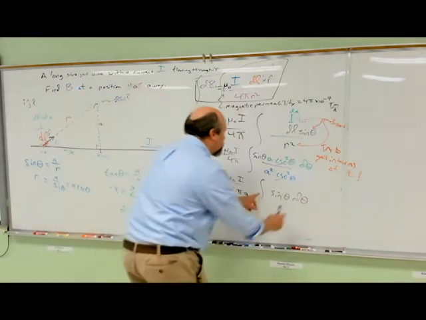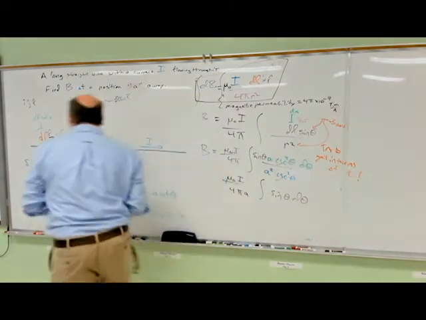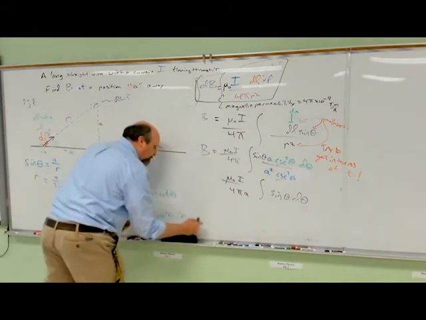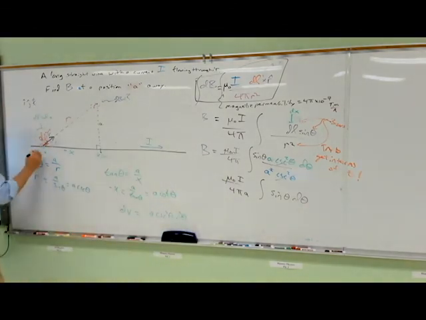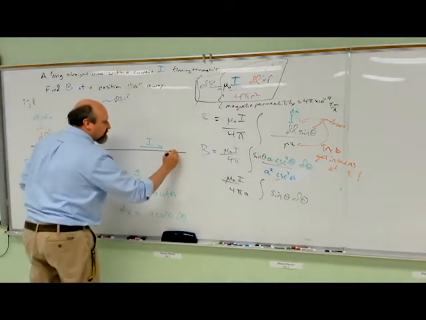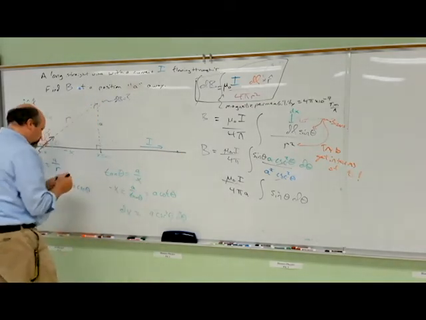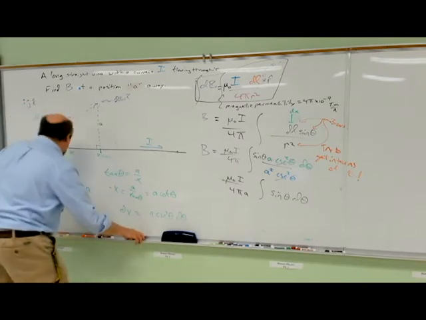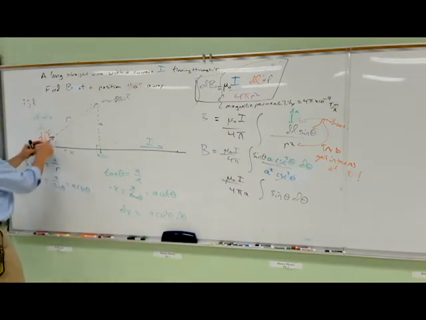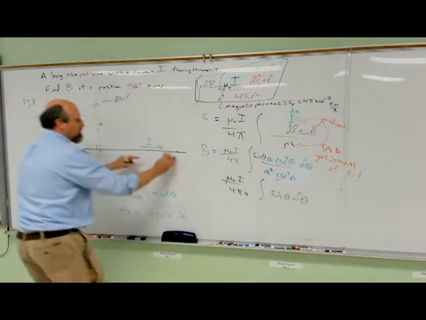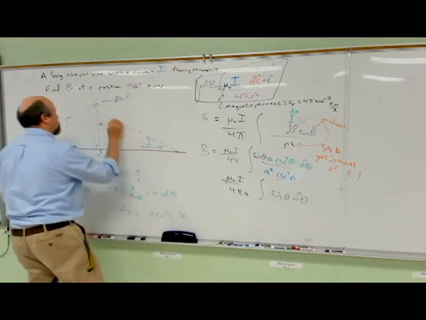And you say, no, wait a minute. We were doing dL, right? We were saying, what if we wanted to find the field maybe from a wire that goes from here at negative x to somewhere over here, where I have this angle theta going there, to here, where there's some angle.